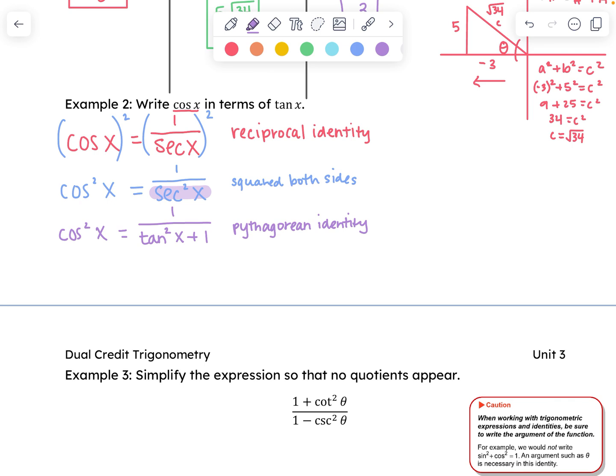And then the last thing is that it does say to write cosine x in terms of tangent x. So I do have to get rid of the squared. So let's square root both sides.